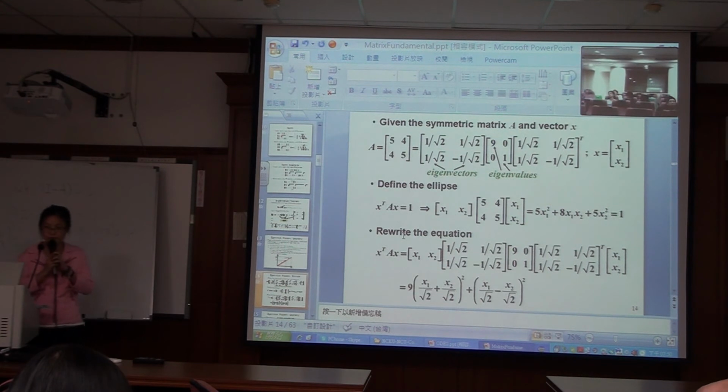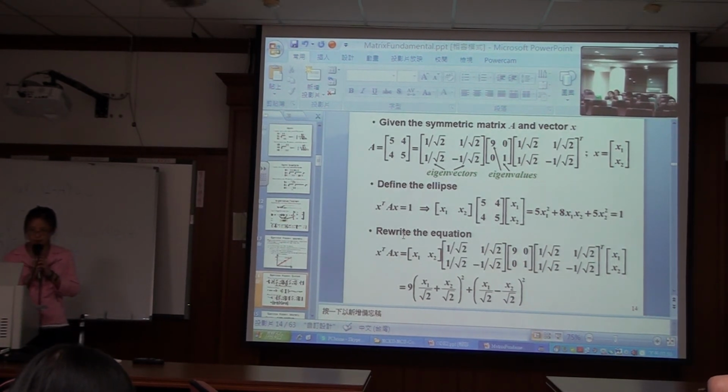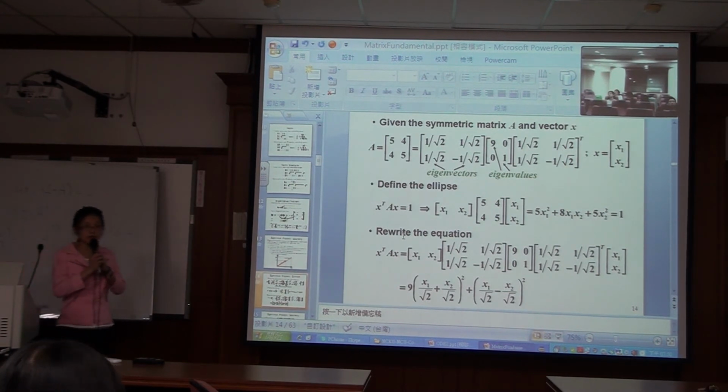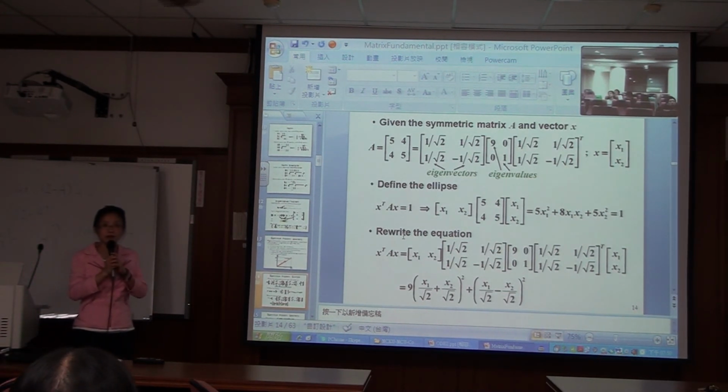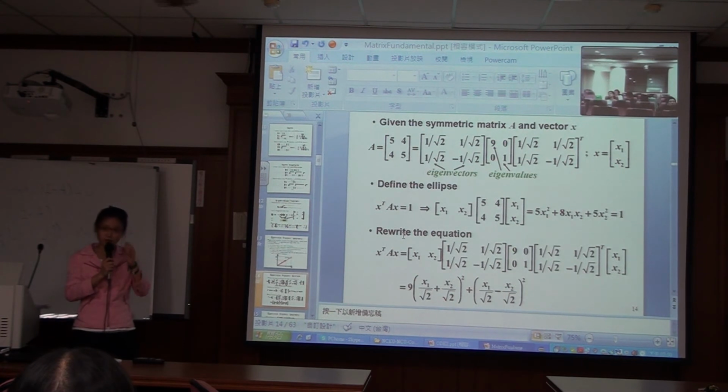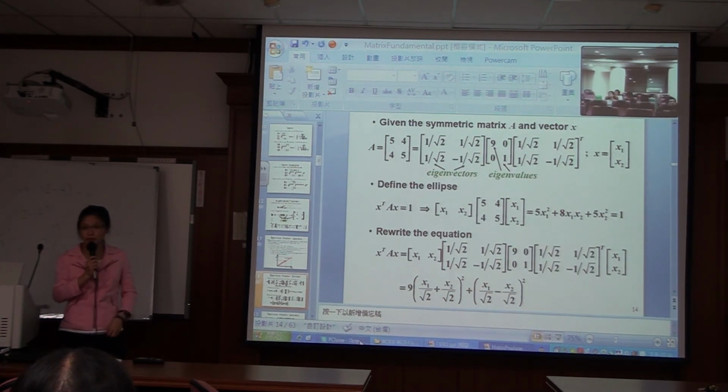Here we have one of the class of matrix that I mentioned called the symmetric matrix. And for symmetric matrices, we not only can always diagonalize them, we can also make an orthogonal diagonalization.